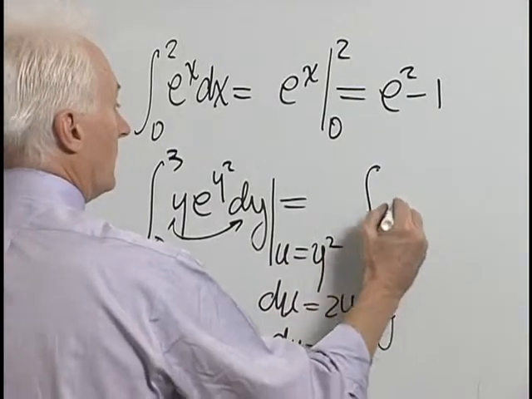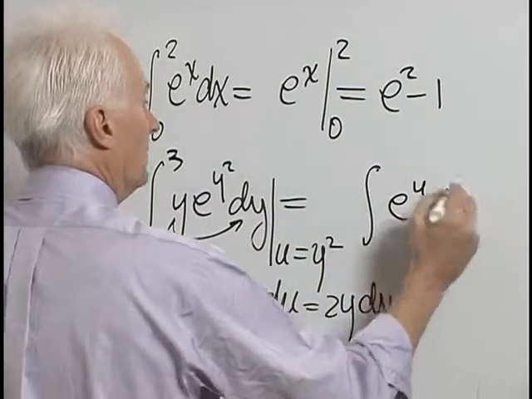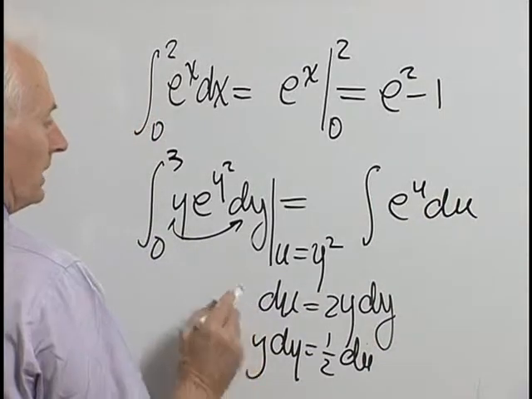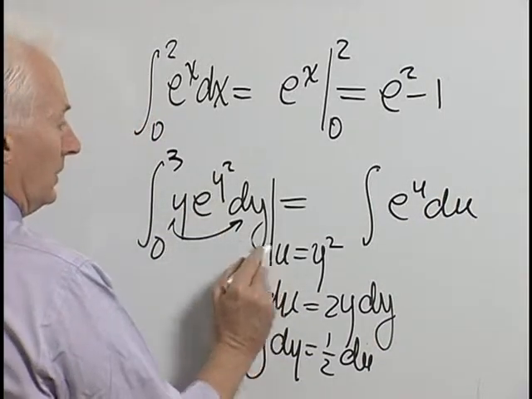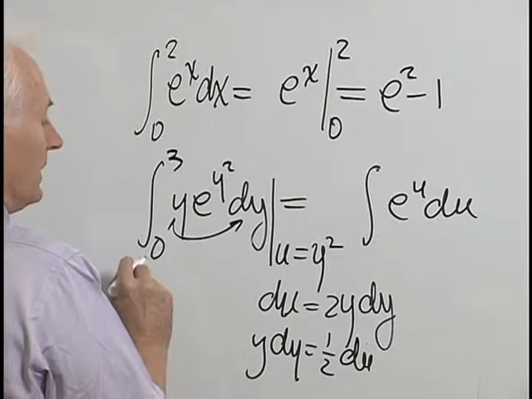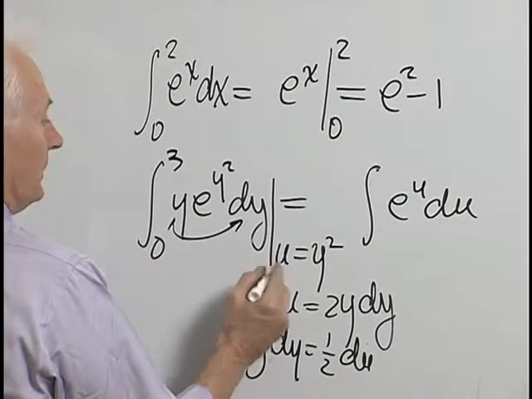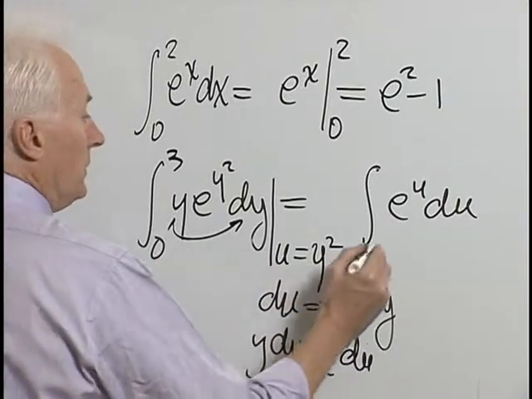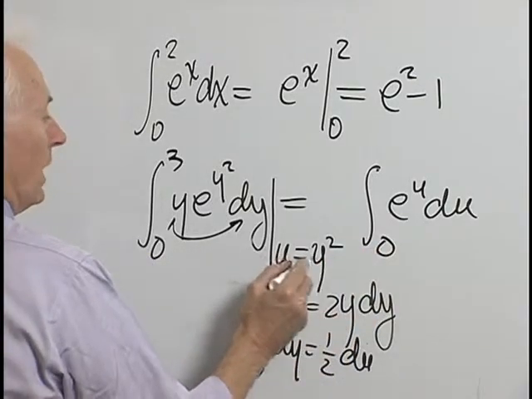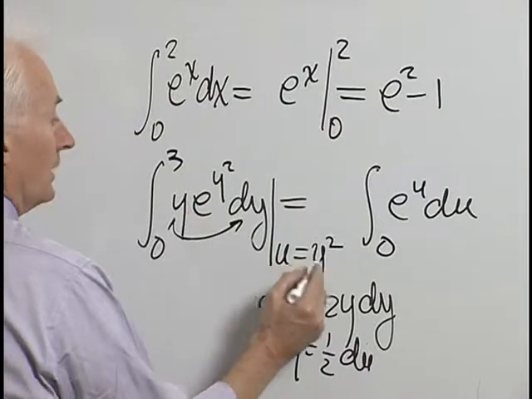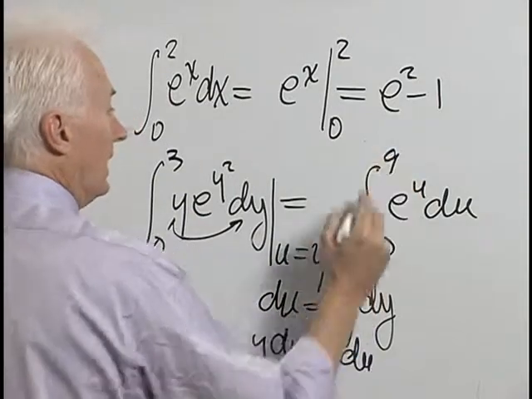And so we have the integral of e to the u du, because we replaced the y squared by u. Now, our limits, when we substitute, can be changed to limits in terms of u. When y is 0, u is 0, but when y is 3, u is 3 squared, or 9.